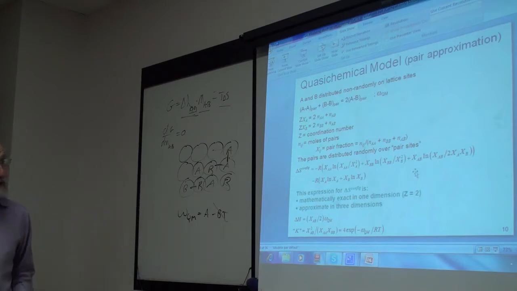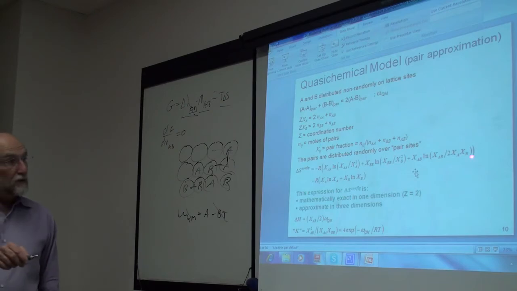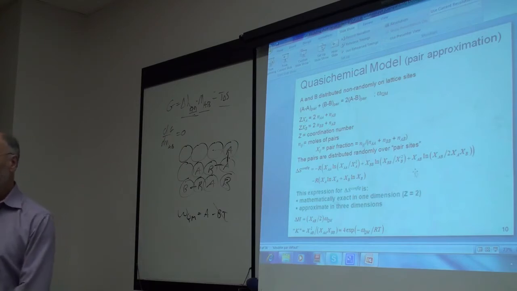The only difference is you have this somewhat different expression for the entropy, and you have these mass balances, which are slightly different from the mass balances that you used in the associate model. But when you work it all through, you end up with the same thing, an equilibrium constant. This is an equilibrium constant now for the quasi-chemical reaction, for this reaction. This is the number of AB pairs, this is the fraction of AA pairs, and the fraction of BB pairs. But now, let's look at this equation.